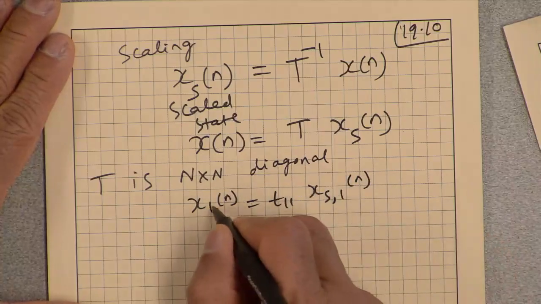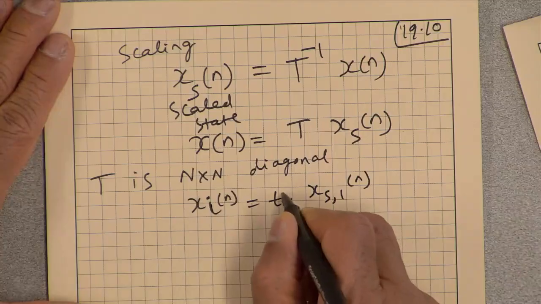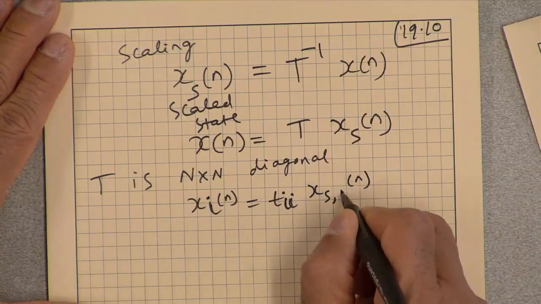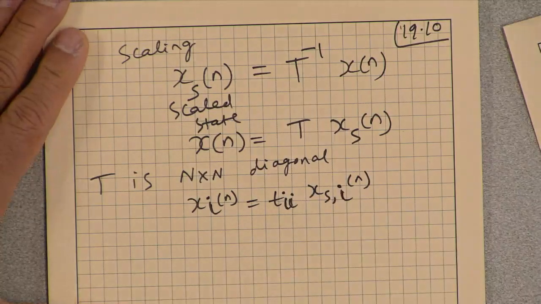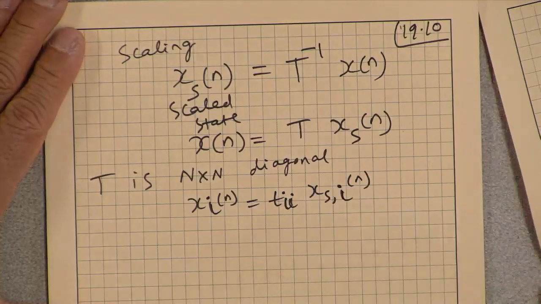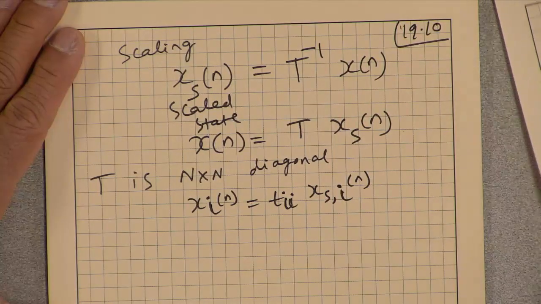In general, xin would be Tii times x scaled i.